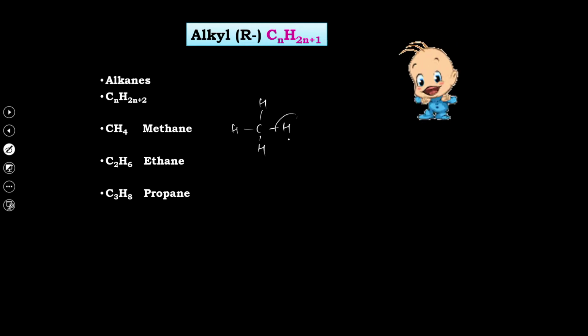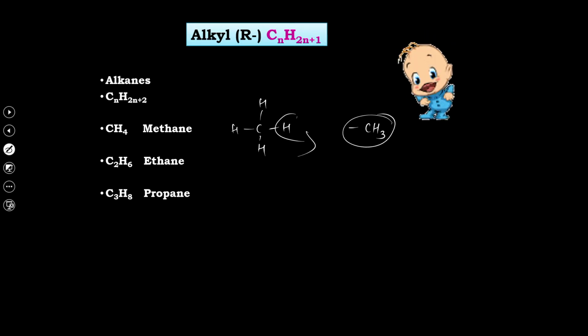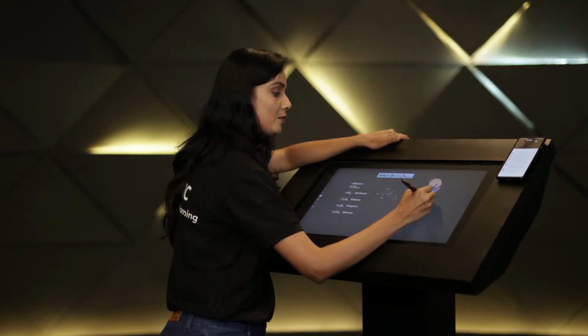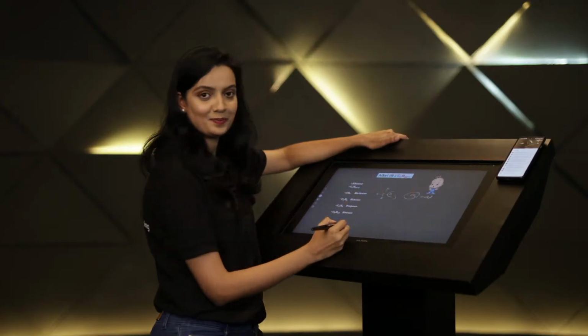Now, I am removing this hydrogen. Then the remaining group, that is single bond CH3, is known as an alkyl group. Since it is obtained from methane, we name it as methyl.